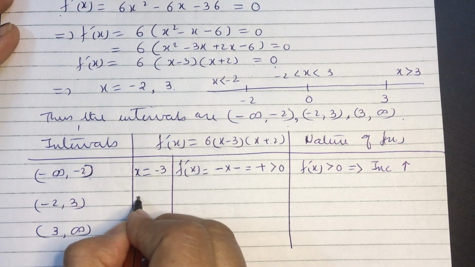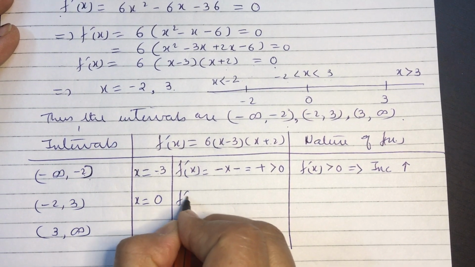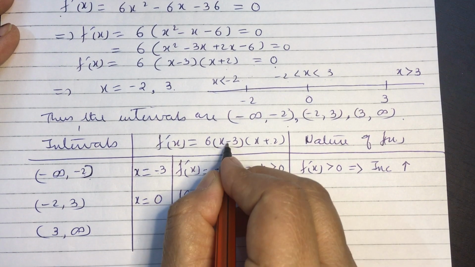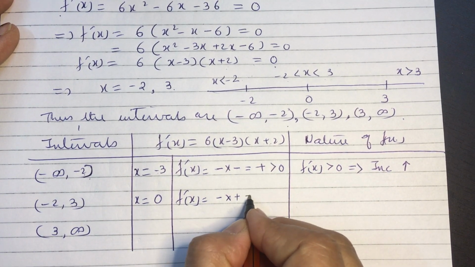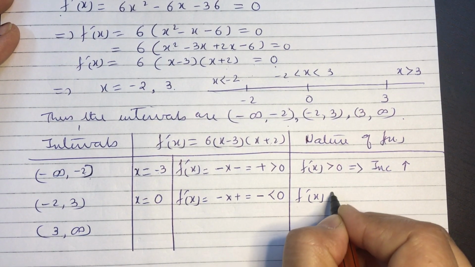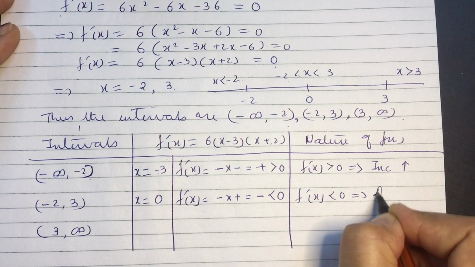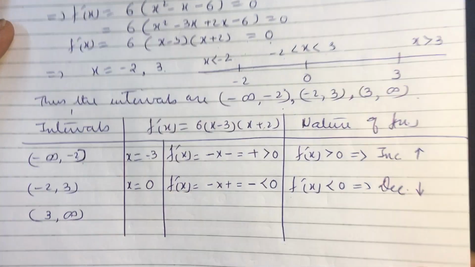Now here we choose the easiest point, which is 0. f dash x: when you put 0, you get a negative number, less than 0, which implies decreasing, and we show a downward arrow.